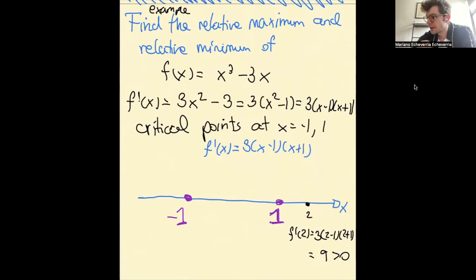So it is positive, and since it's positive, you can draw the arrow that's increasing. Are there any questions about this? This is the most important part here, so let me know if this is making sense.